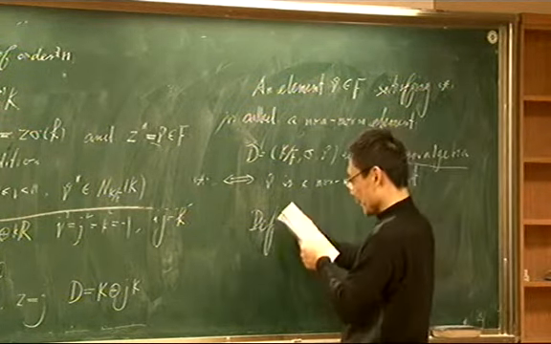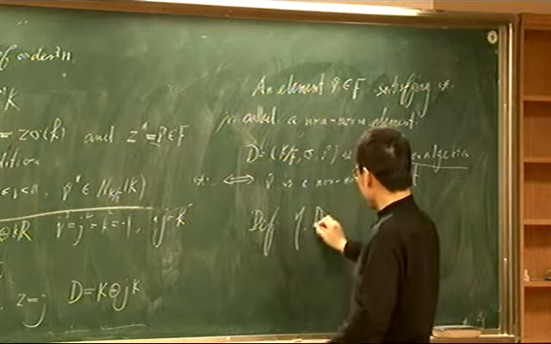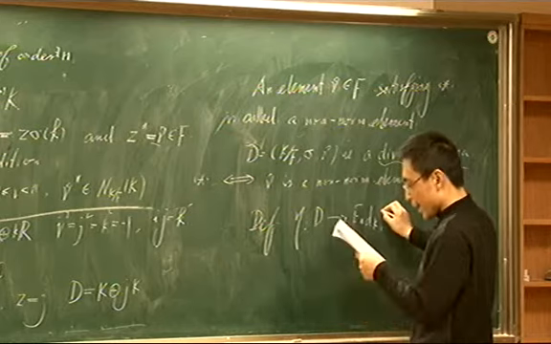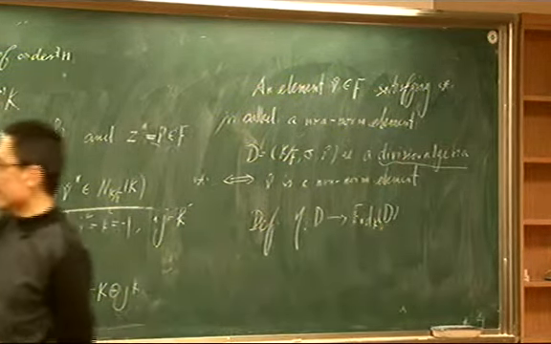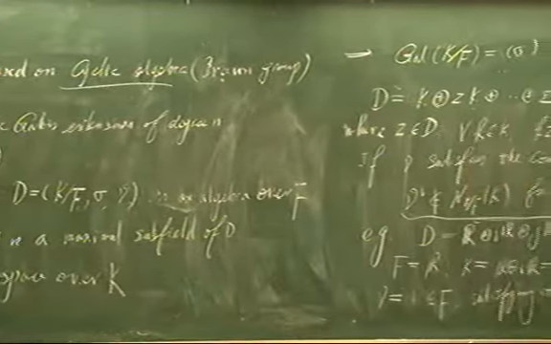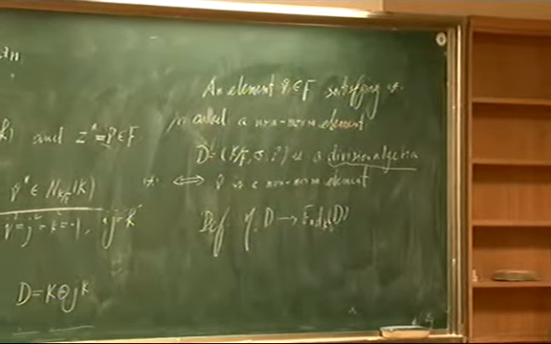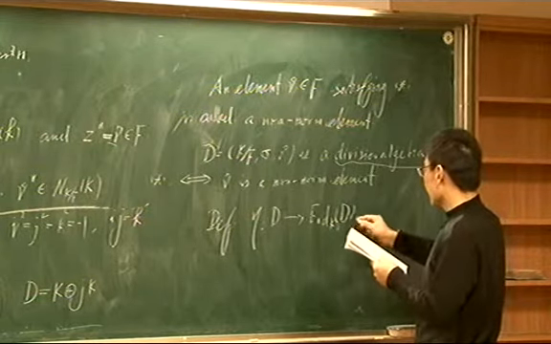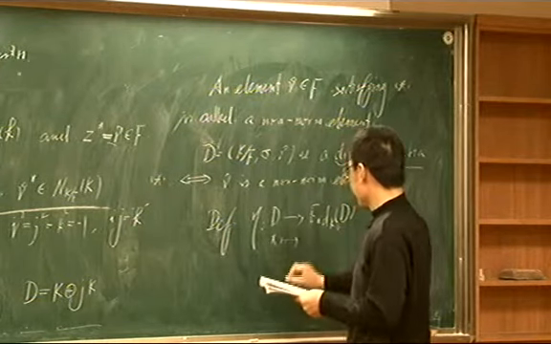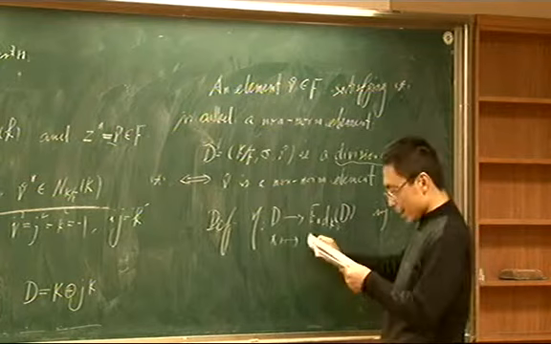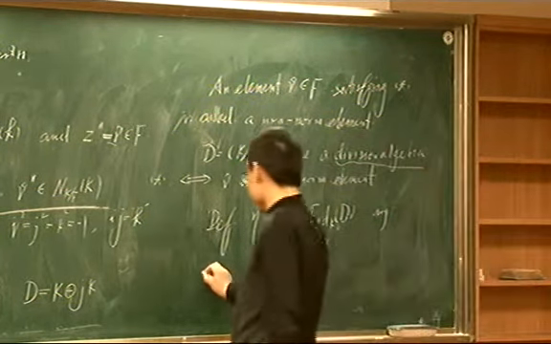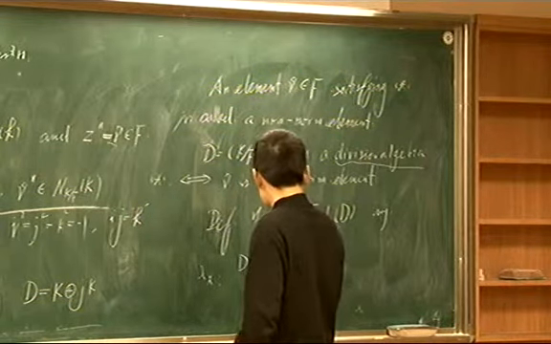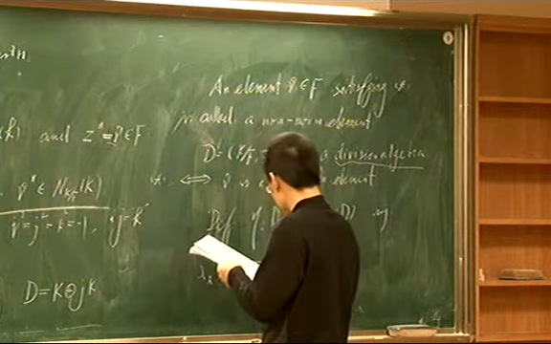Define eta from D, injective, into End_K(D). Since D is a finite-dimensional right vector space over K, this set is the ring of all linear transformations. The map x goes to lambda_x, where lambda_x is the regular transformation of D into D.